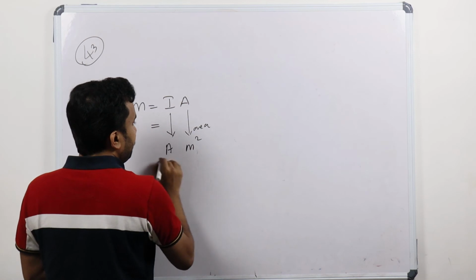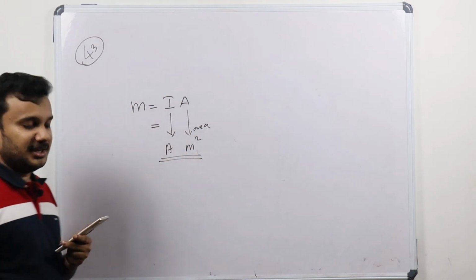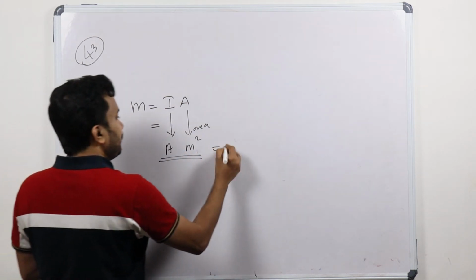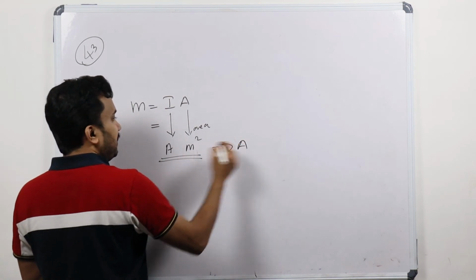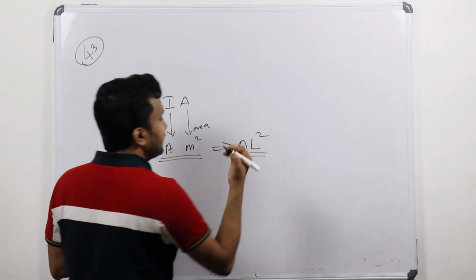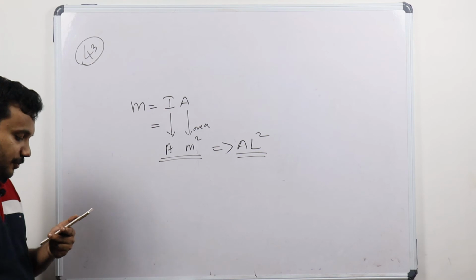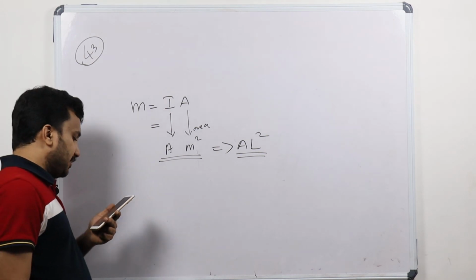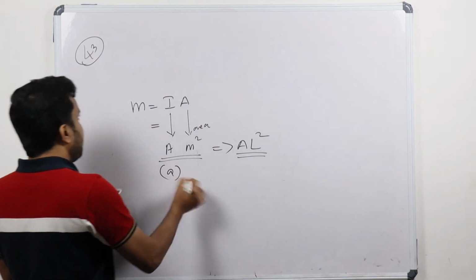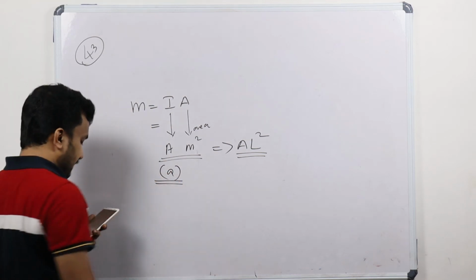So the unit is ampere meter square. What's the dimension formula? Ampere A, dimension formula. Meter square means L square. So A L square is the dimensional formula. So answer is ampere meter square. Option A is the right answer for question number 43.